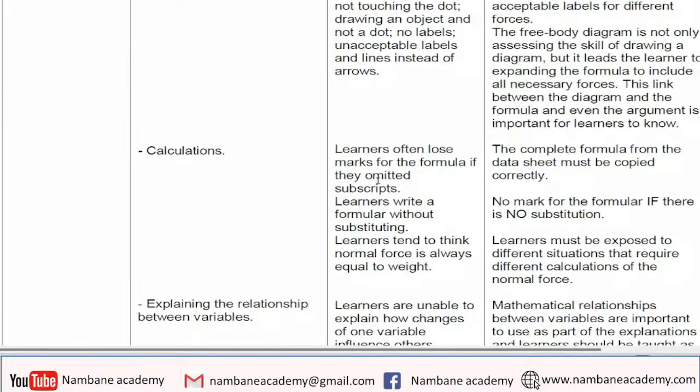Then we will give you the 1 mark. If you do not do that, then you will not get that mark for the formula. So please be careful. Writing the formula without substitution doesn't have any marks. So let us take the formula as it appears in the formula sheet.